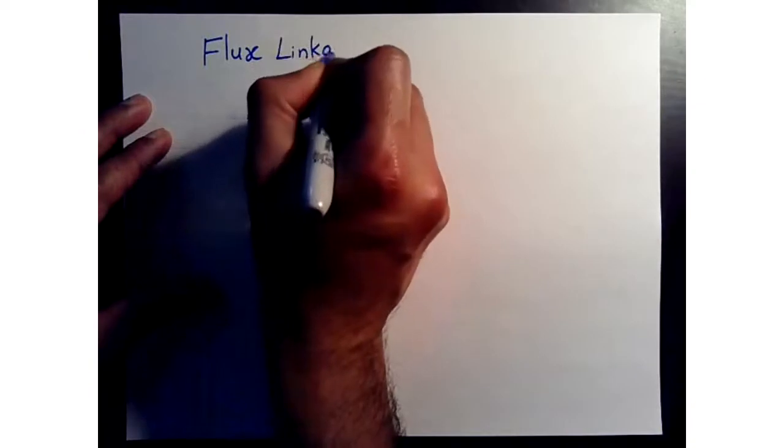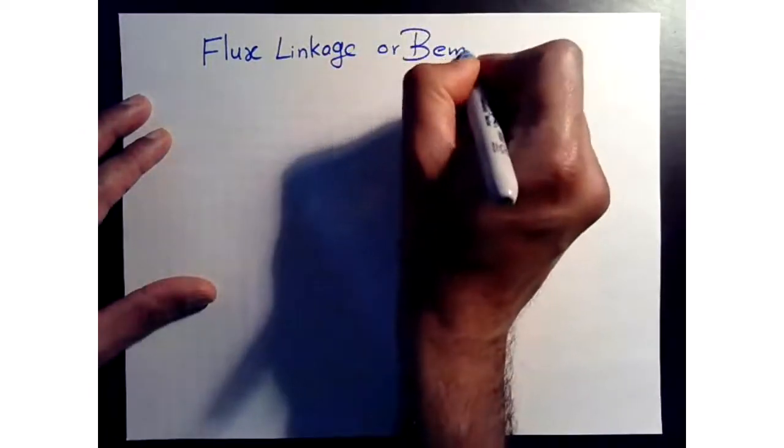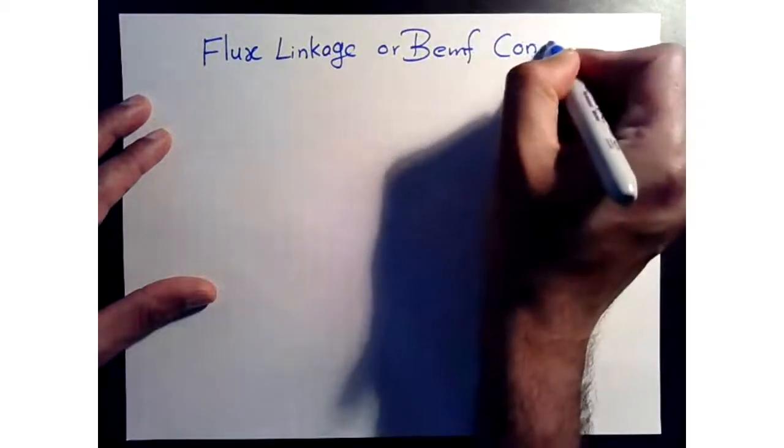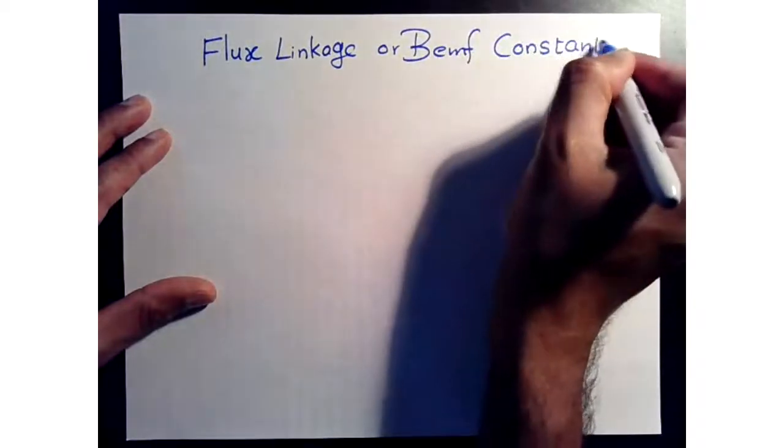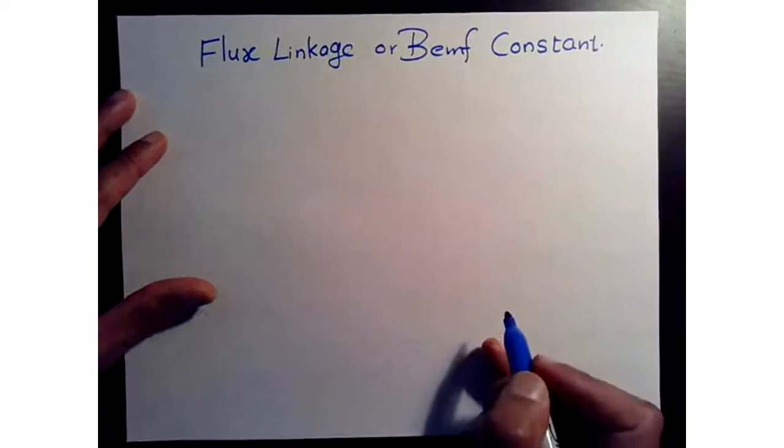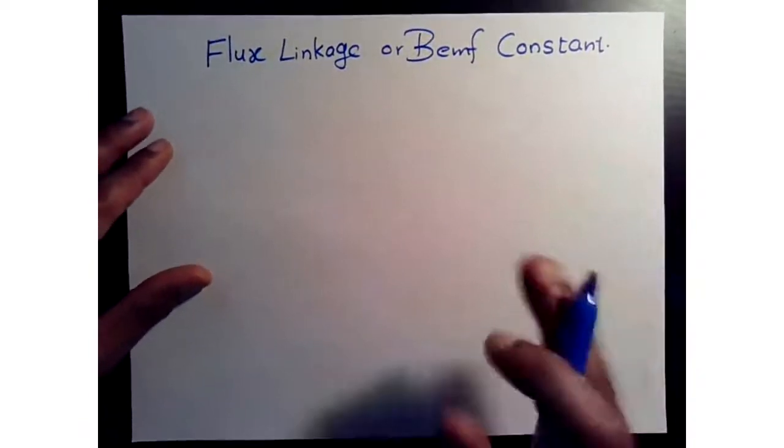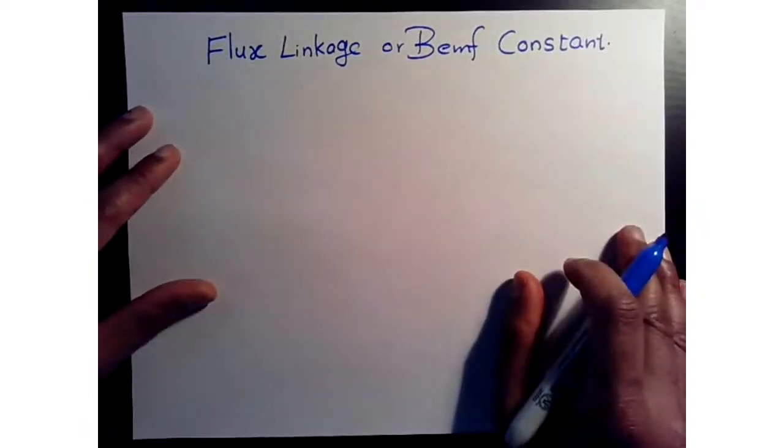This is similar to the back EMF constant. Okay. So call this flux linkage or back EMF constant. Now this is also relatively straightforward.